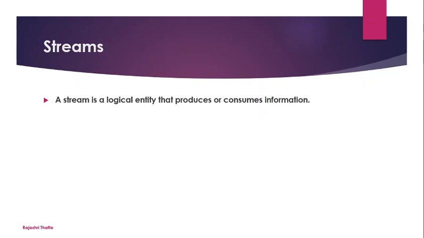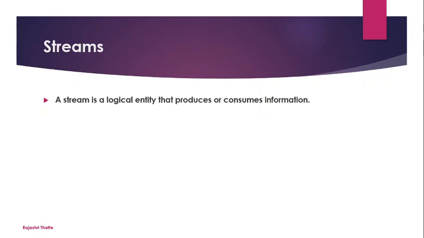We have to send output from the program to an output device. That means to write a program, we are accessing input devices indirectly, and to generate output, we are indirectly accessing output devices. So, a stream is a logical entity that produces or consumes information.